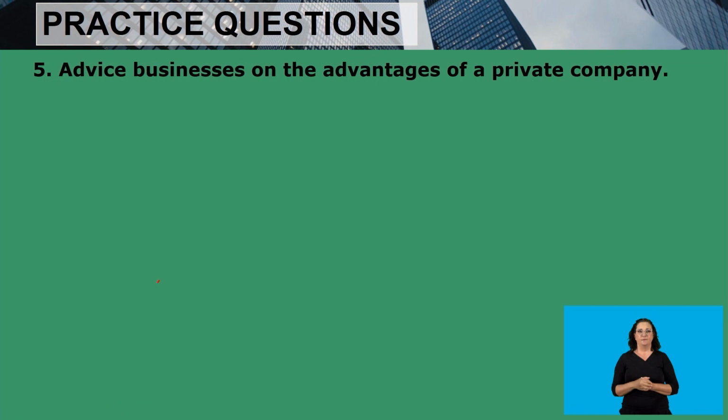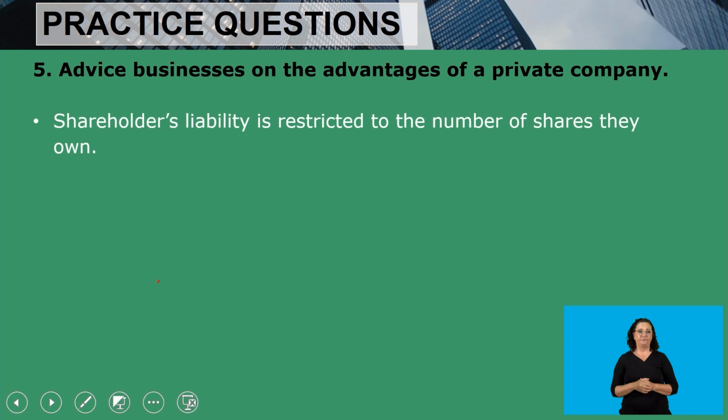Moving on to the fifth question, it says, advise businesses on the advantages of a private company. Shareholders' liability is restricted to the number of shares they own. So obviously the liability of shareholders is only limited to the number of shares that they are owning.